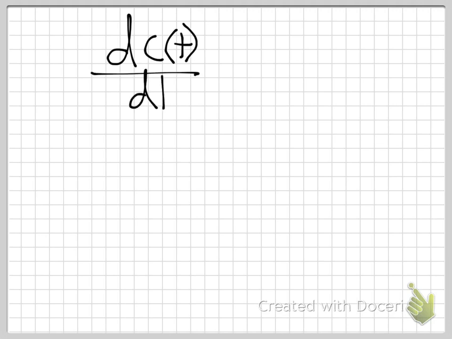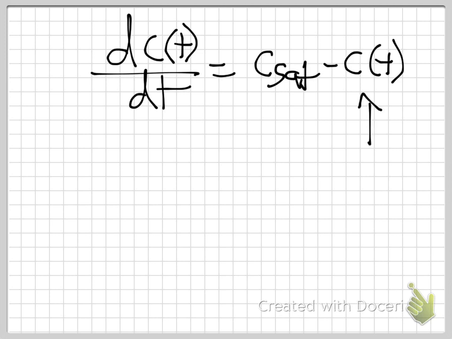If we just assume then that dC/dt as a function of time is proportional to C_sat minus C at a particular time, we can see what happens and see how this is borne out. As time goes on, C will get closer to C_sat, and therefore this difference will get closer to 0.